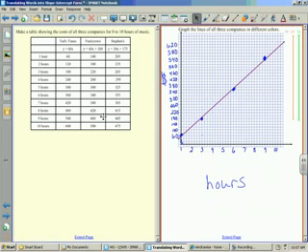Let's go ahead and look at Funky Town. So for 1 hour, Funky Town is at 140. Let's do 3 hours. 3 hours is 220. And 6 hours is 340.